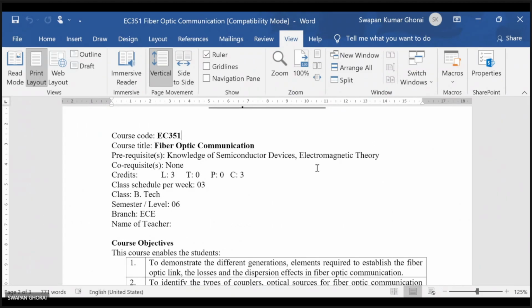Sometimes we'll apply the geometrical optics concept, sometimes the wave optics concept, so that you can have the idea of single mode and multi-mode fiber. When you say mode, it means a particular field distribution. That concept we can get through electromagnetic field theory. So a little bit of electromagnetic theory will be used.